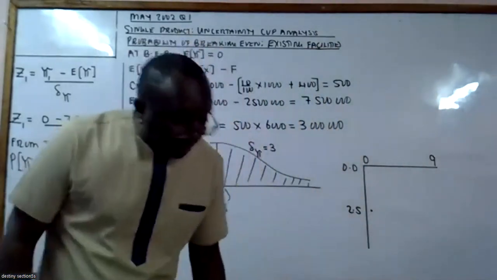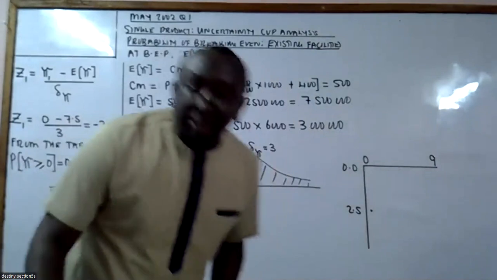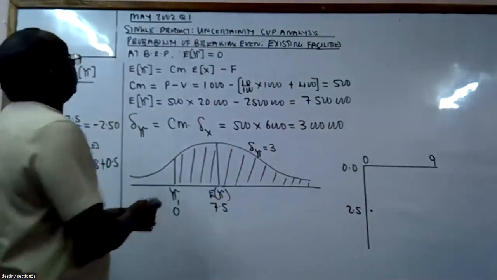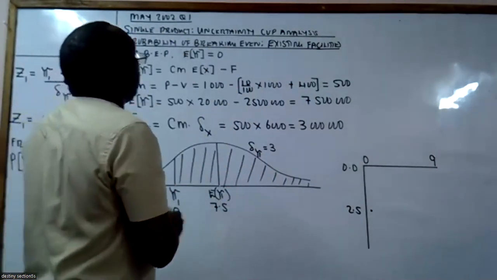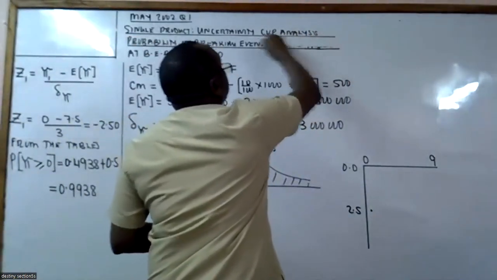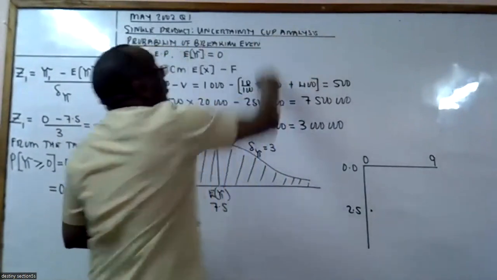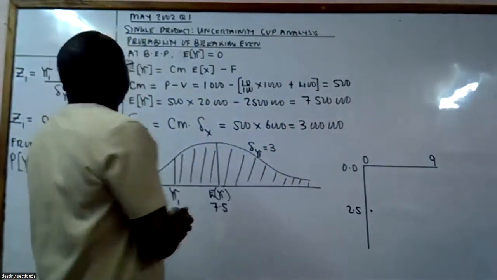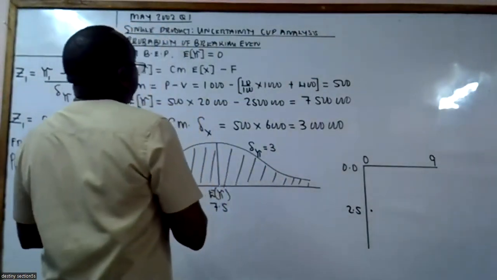We are told to do the same with the special machine. So we repeat the same process. Go up and say probability of breaking even, special machine.